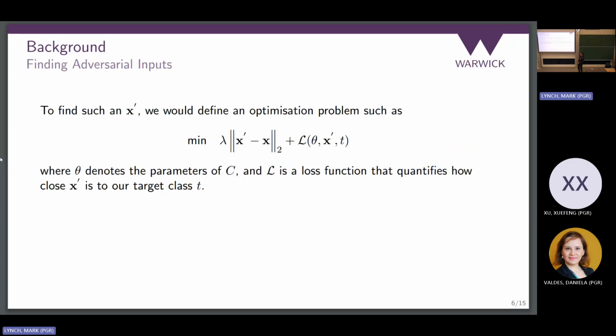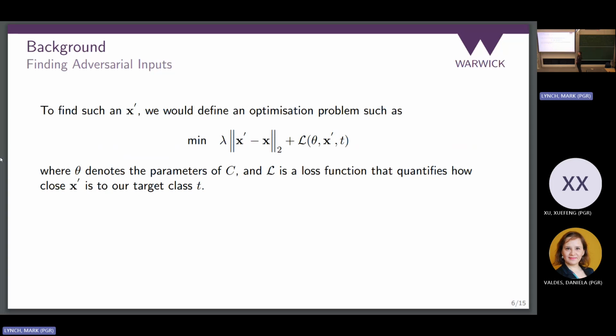So how do we find this in practice? That's the goal. To actually find such an X prime, we typically define some sort of optimization problem, and this is what it might look like. On the left, we again have this measure of image similarity, which we want to minimize.